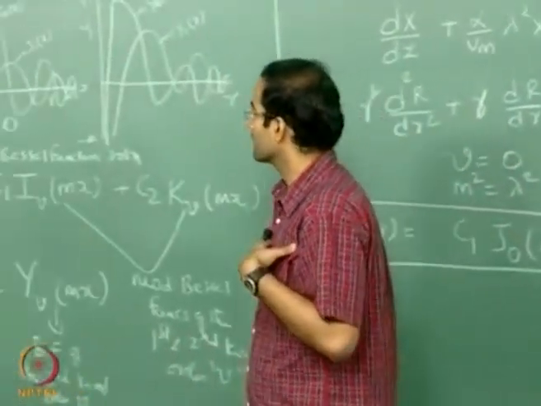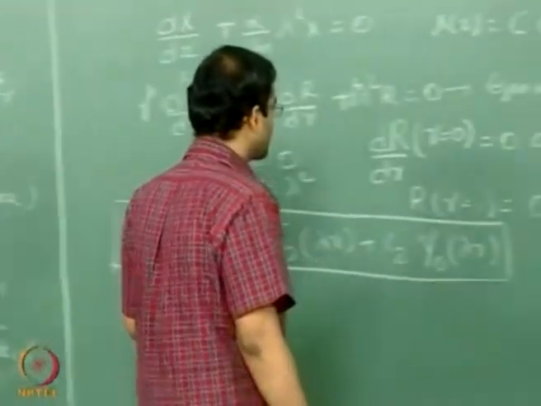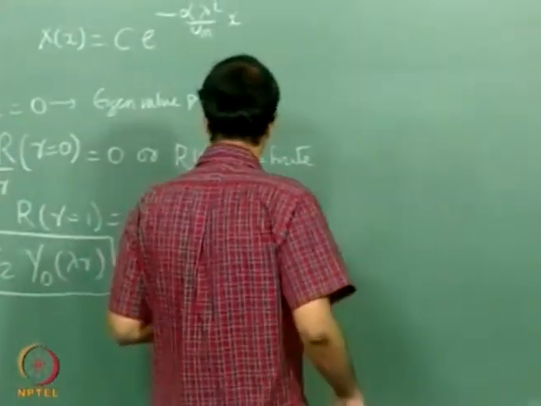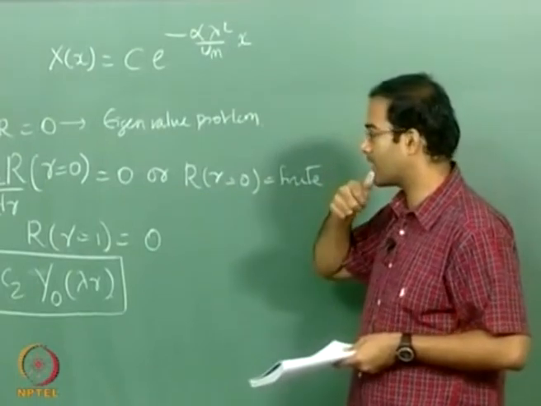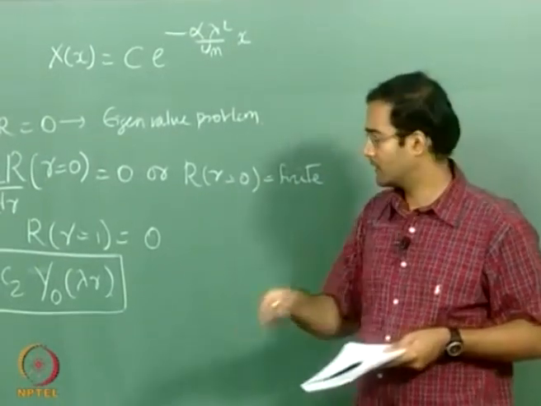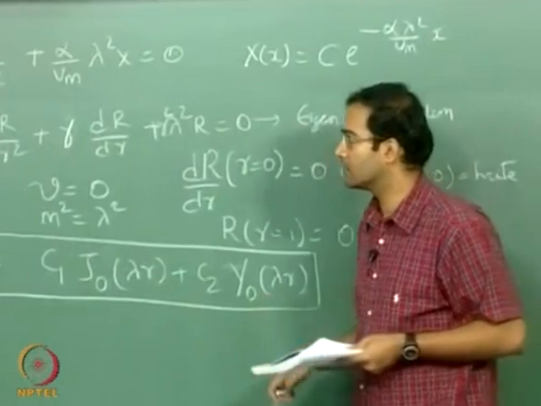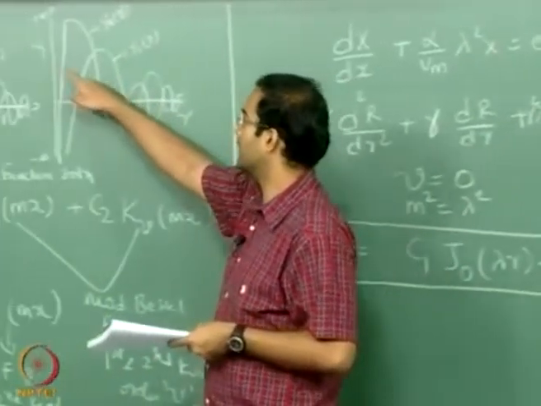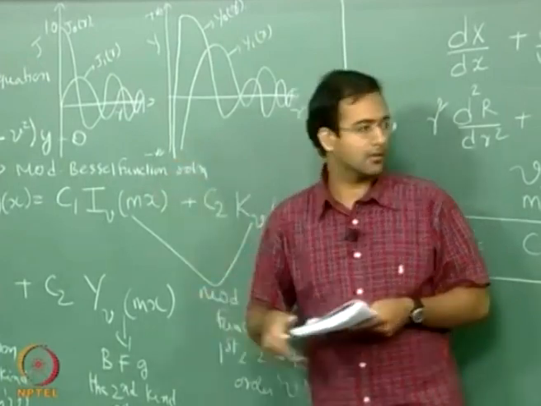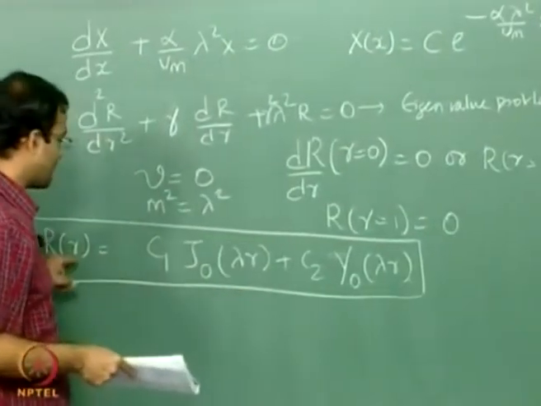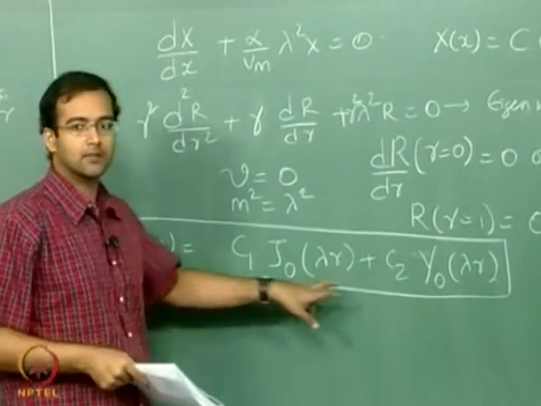Okay, so now coming back to this particular eigenvalue problem. At r equal to 0, if your capital R has to be finite, you can see that at r equal to 0 my Bessel function of the second kind will be going to infinity. Therefore in order to make my capital R finite, C2 has to be 0.